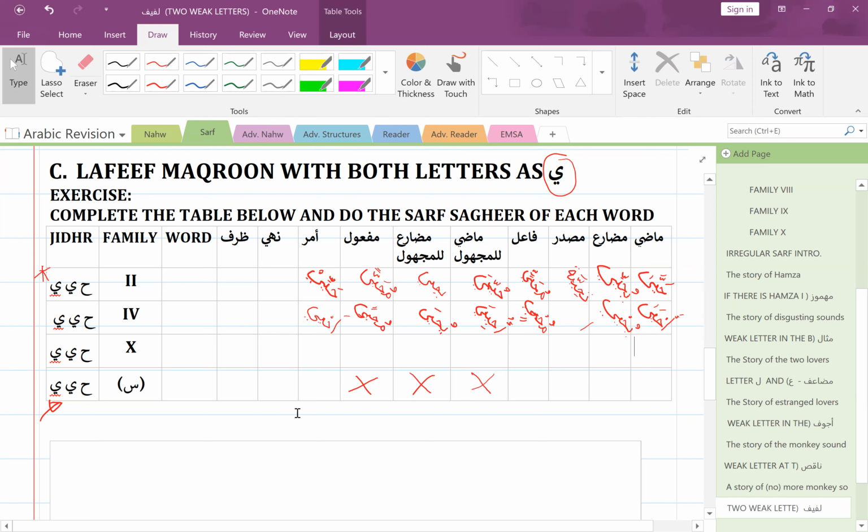Doing the mudaaf first? Yes, we can. Yeah, you can do that. Hayya. Yes. Istahayya. Yes. Yastahiyyu. Yes. Yastaghfiru, yastahiyyu.